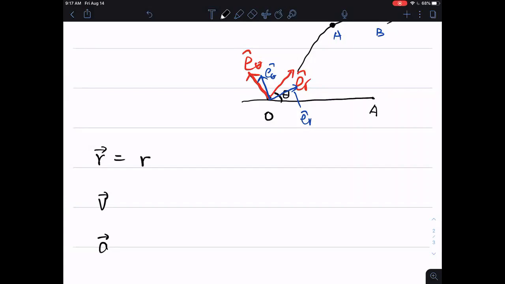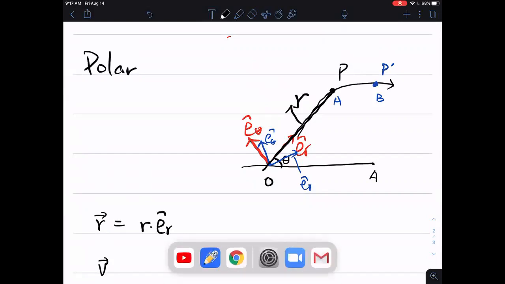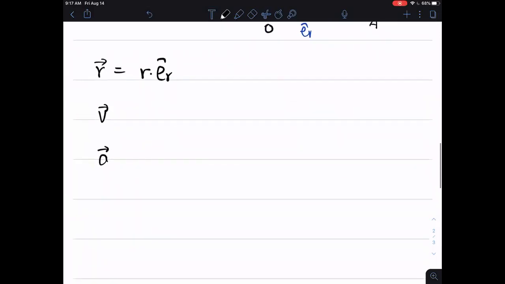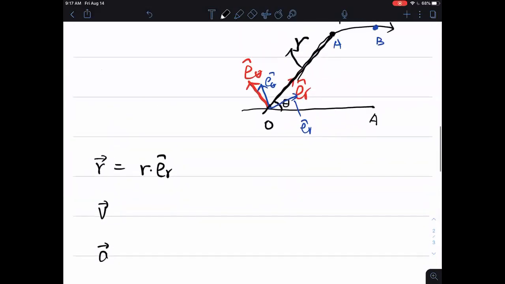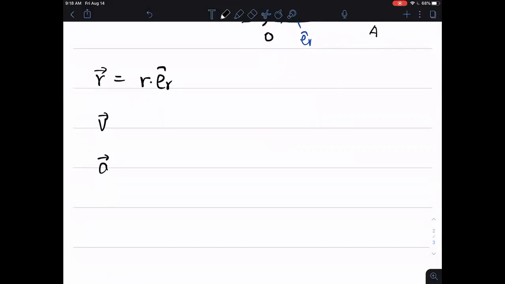It's just r, which is the distance from the origin to the particle. Oops, sorry, it's not showing on the screen. So r is the distance from the origin to P, and the position vector equation for the polar coordinate system is r times e_r hat.